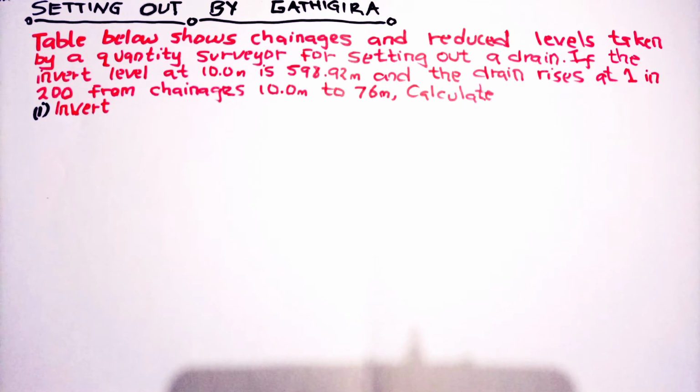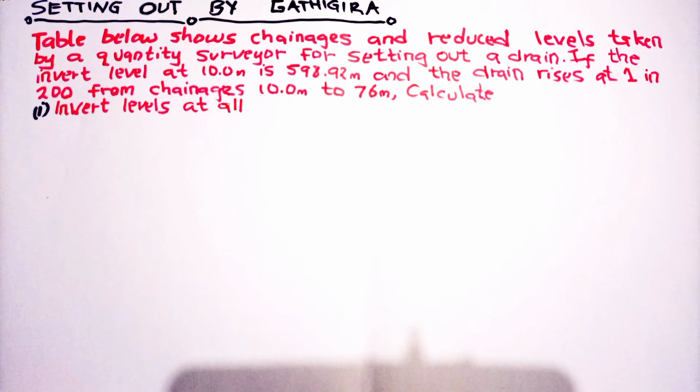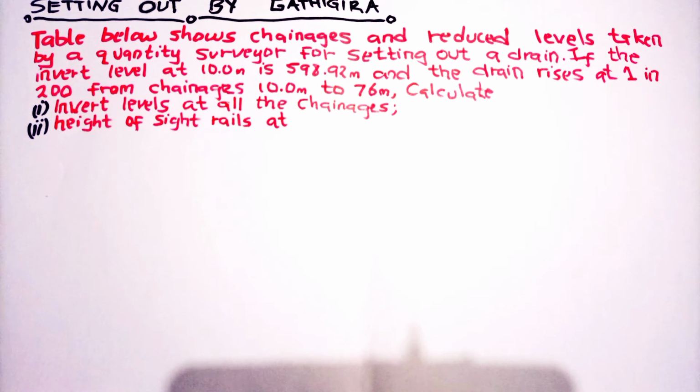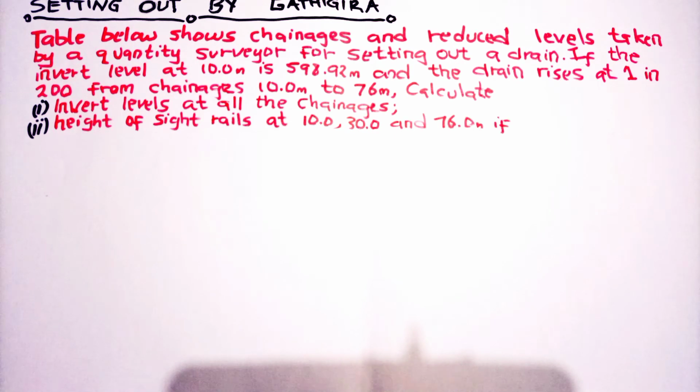The first question: calculate invert levels at all chainages. The second: the height of site rails at 10 meters, 30 meters, and the last 76 meters, if the boning rod is 2 meters long.